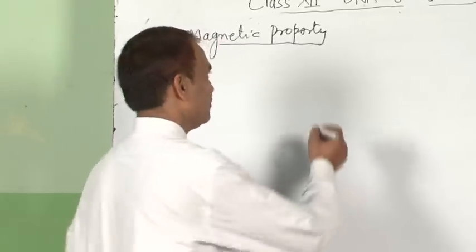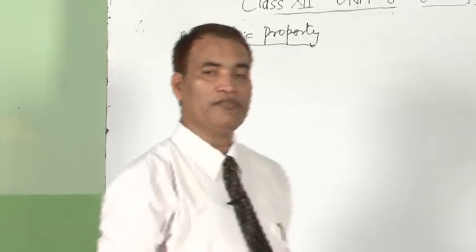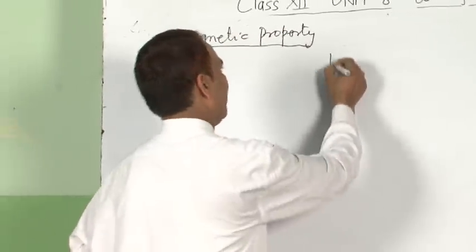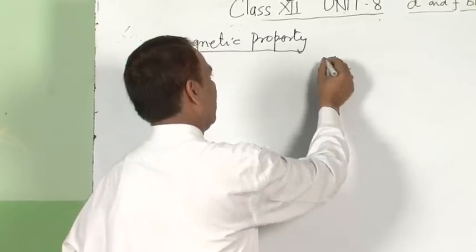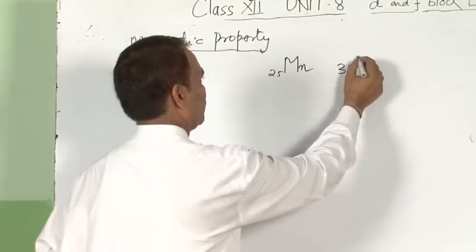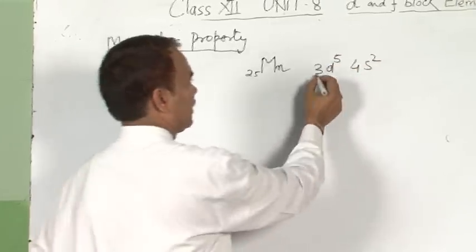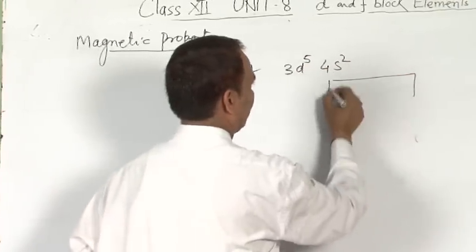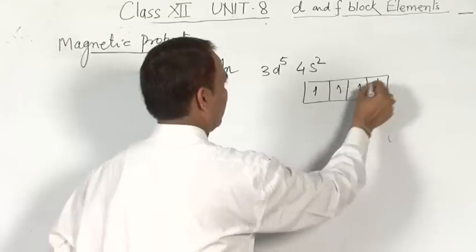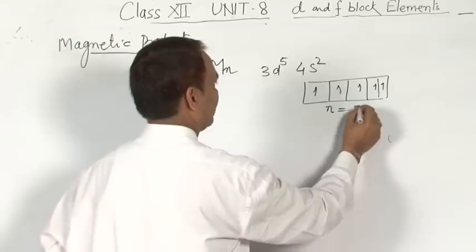The question can be asked, how can you find the magnetic moment of a particular ion or element of d block elements? For example, Mn: the atomic number is 25 and electronic configuration 3d5 4s2. If you write the electronic configuration of 3d5 in orbitals, 1, 2, 3, 4, 5, we will find unpaired electrons 5.